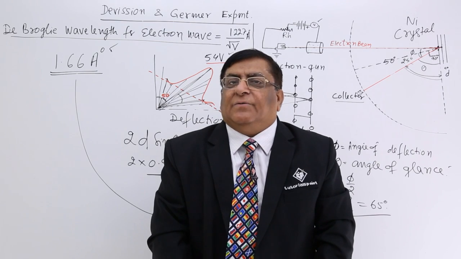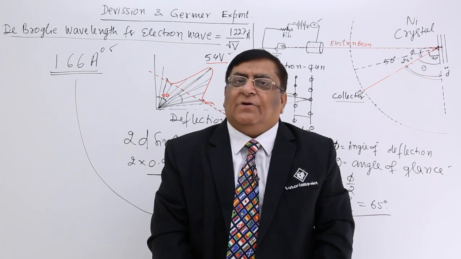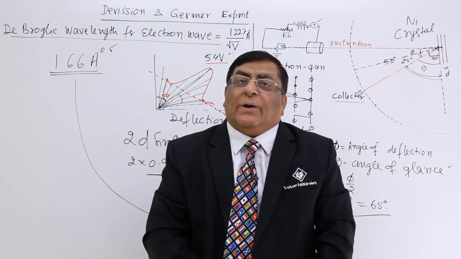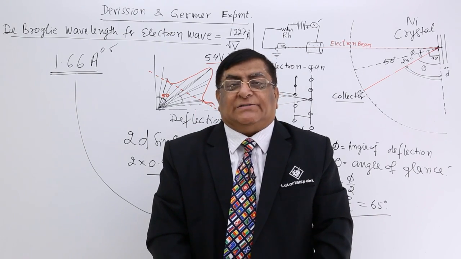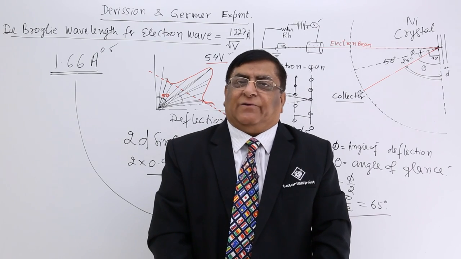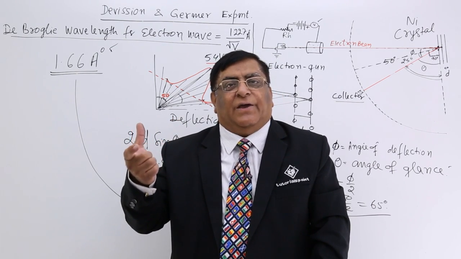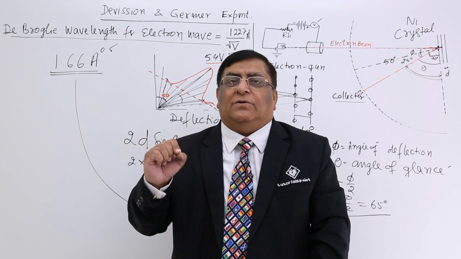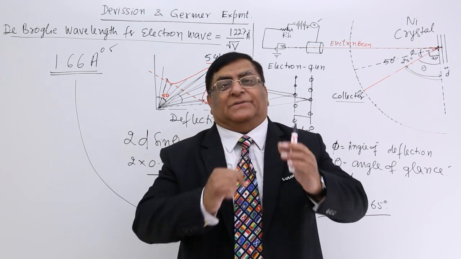What is the name of the material? Electron. What is the name of its wave? Matter wave. What is the name of the material in light? Photon. What is the name of the wave? Electromagnetic wave. So, they have got electromagnetic wave in the wave nature, photon in the material nature when the light strikes a surface.